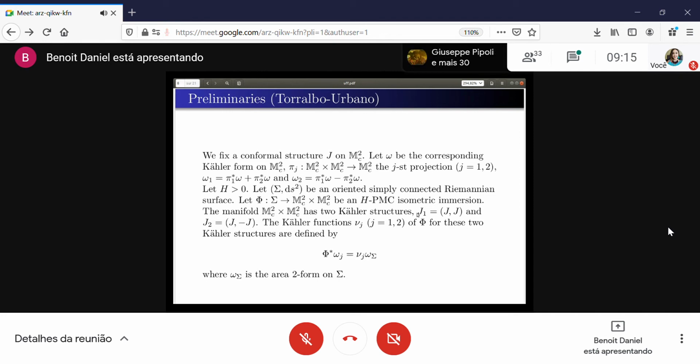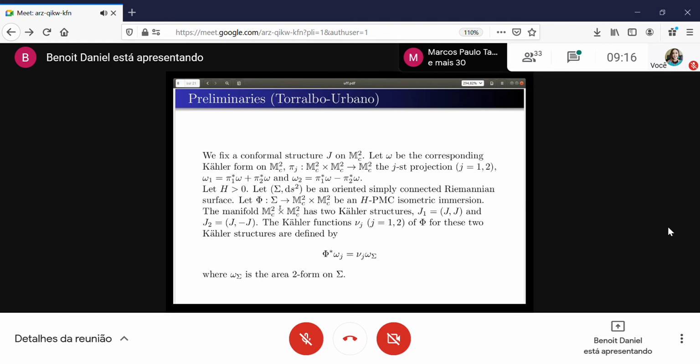I will fix a conformal structure J on M²(c), by which I just mean rotation of angle π/2, and let ω be the corresponding Kähler form. Calling π_j the projections, we consider the forms ω₁, which is π₁*ω + π₂*ω, and ω₂, which is π₁*ω - π₂*ω.